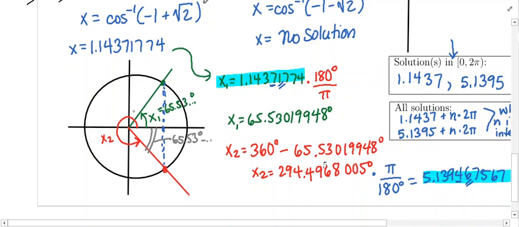Through our drawing, we realized we needed to take our 65-degree angle and subtract it from 360 to get this red angle, and that would give you a second solution. Again, working with these decimal angles is difficult because you only get one solution off of the calculator, and then you have to draw it out to find the other angles that work.